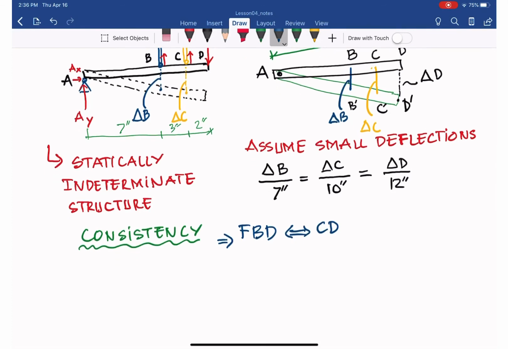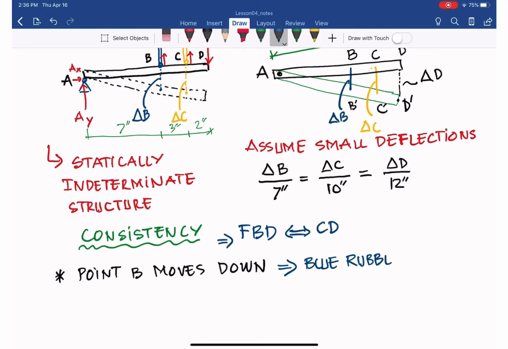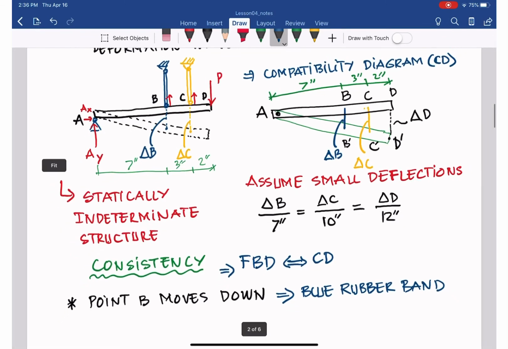What do I mean when I say consistency? For example here, point B moves down due to my load. Then you have the blue rubber band that I see here has to be in tension.